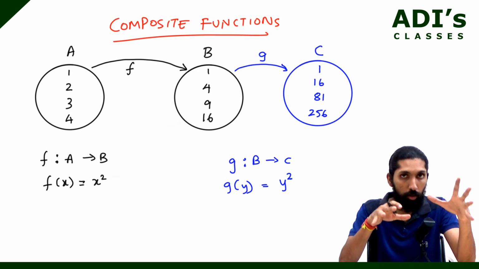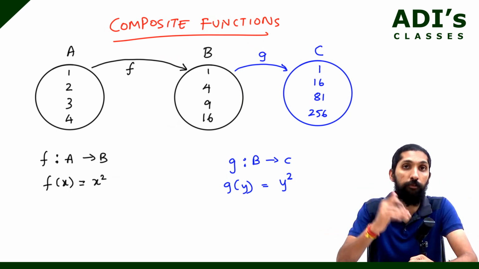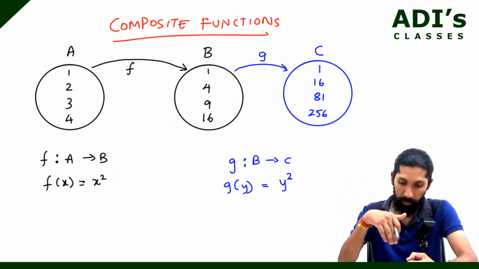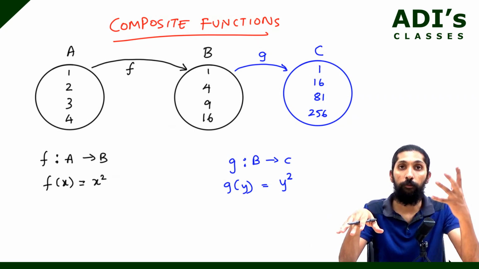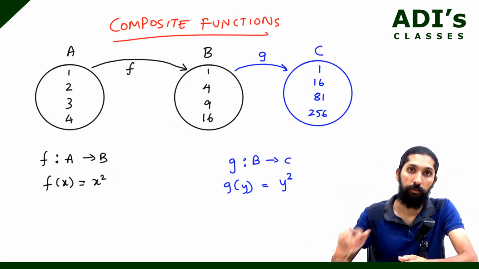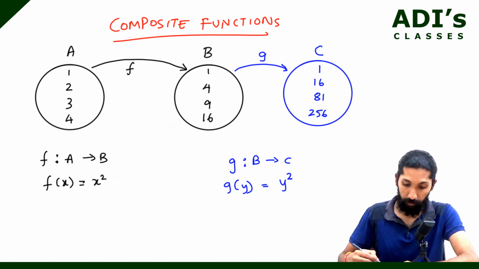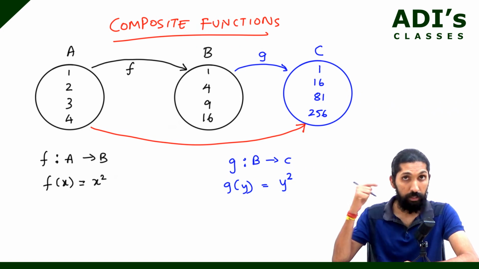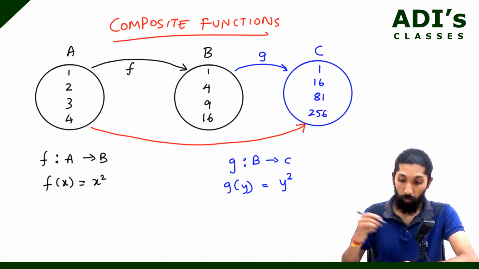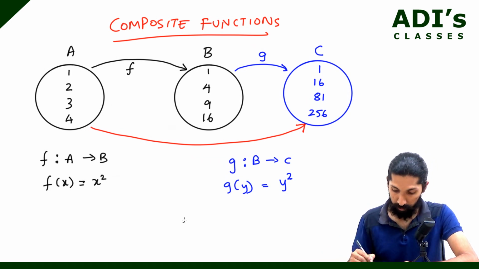Now what a composite function tells us is that we have two functions, f of x and g of x, or in this case we are just changing the variable. Composite means a function inside another function. Here we are going to take from A to C directly. What is your first function? First is f of x.